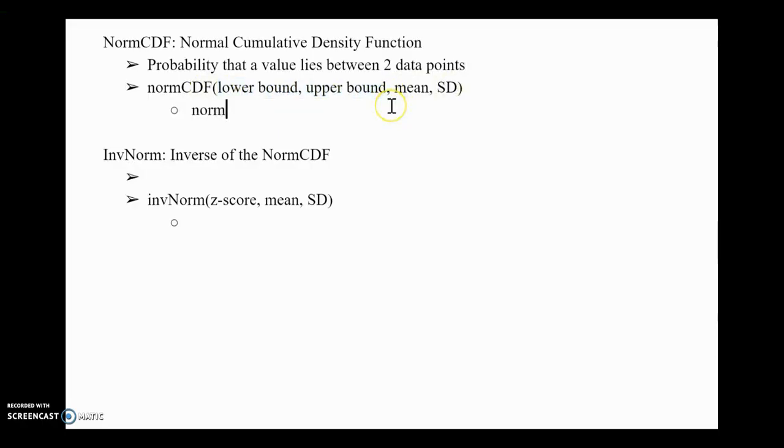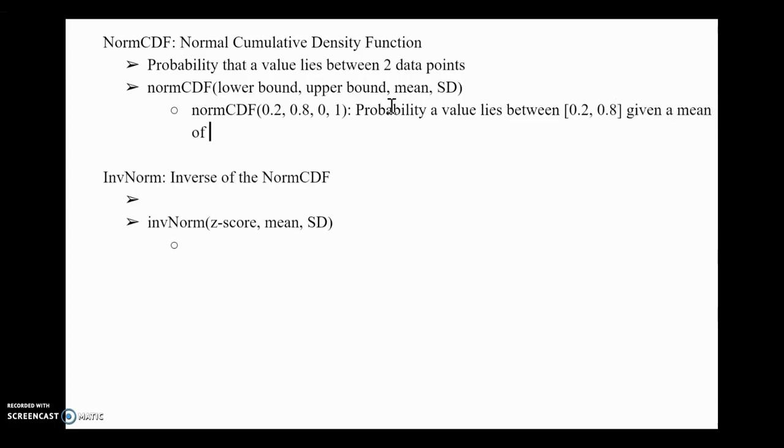So it's the probability that my value lies between these two data points. So if I said norm CDF of 0.2, 0.8, 0, 1, this just means the probability a value lies between 0.2 and 0.8 given a mean of 0 and a standard deviation of 1. This comes out to about 0.3 something.